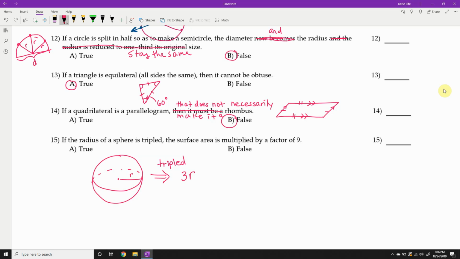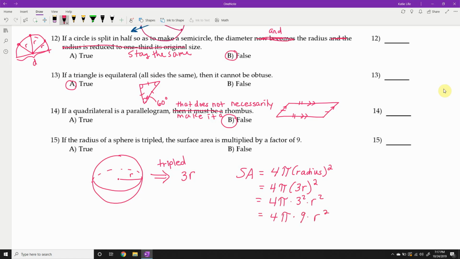For a sphere, the surface area is equal to 4 pi r squared. 4 pi, and then the radius squared. Well, if the radius is itself now being tripled, 4 pi times 3r, triple the radius, and we're squaring it, well, this is going to be 4 pi times 3 squared times r squared. 4 pi times 9 times r squared.